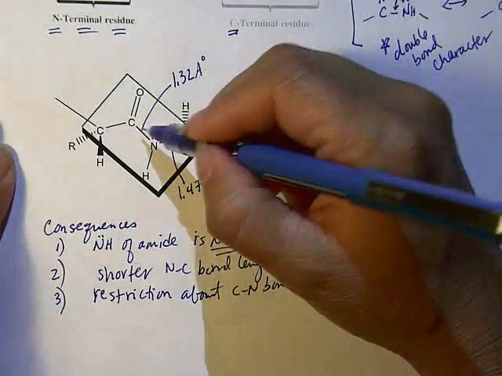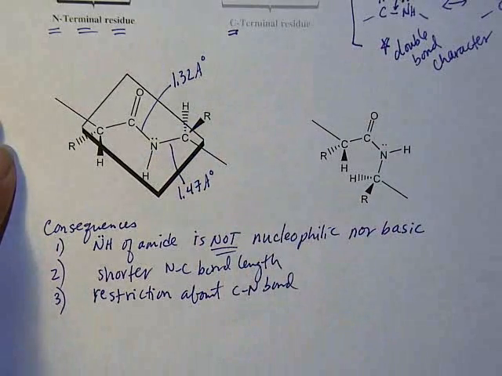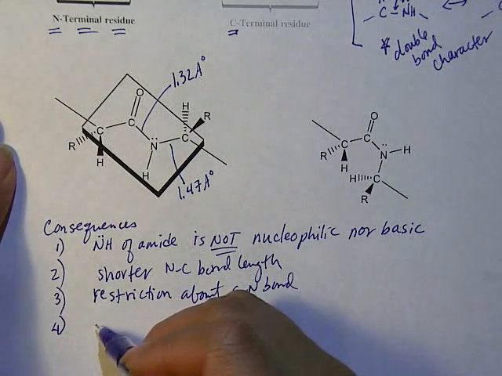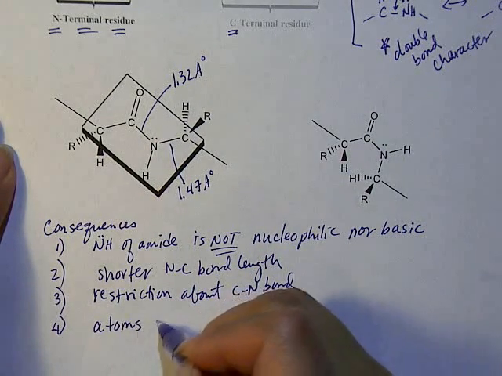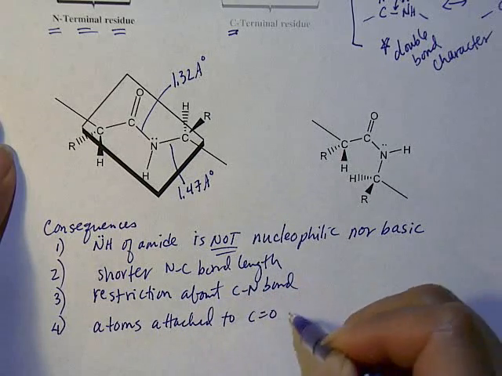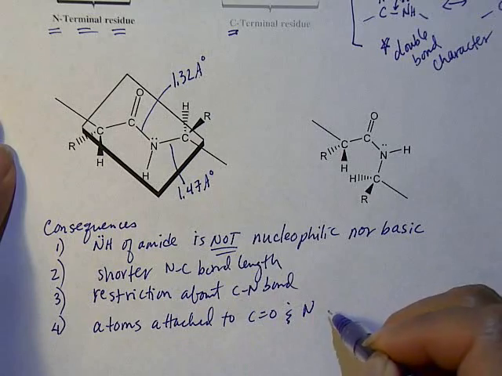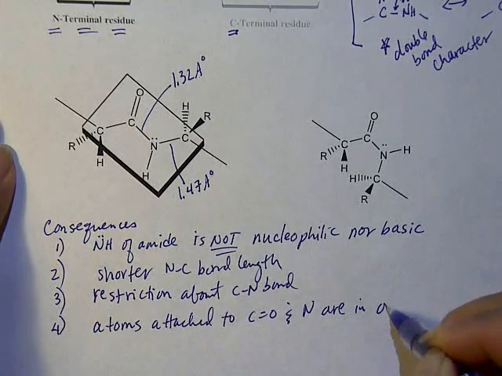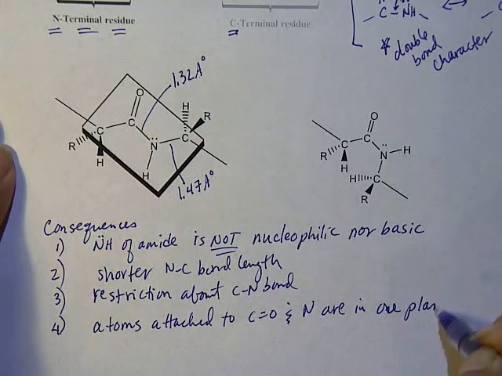Which C-N bond? The shorter one, where there's double bond character. That also means that the atoms attached to the C=O and the nitrogen are in one plane.